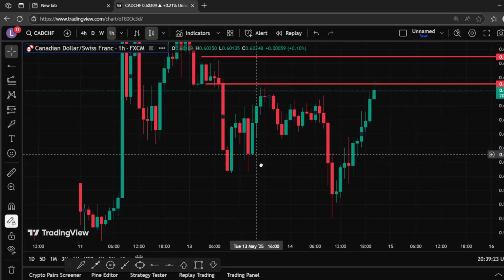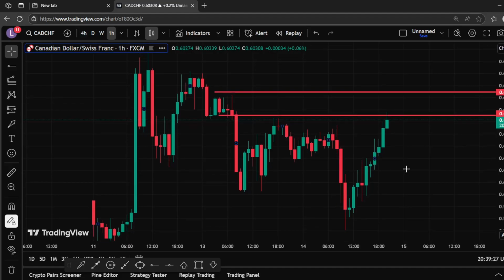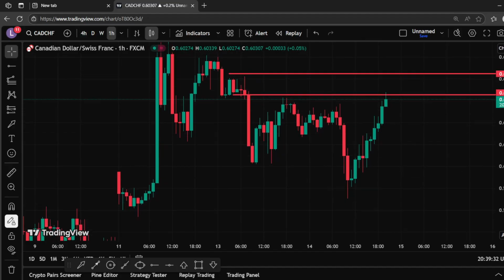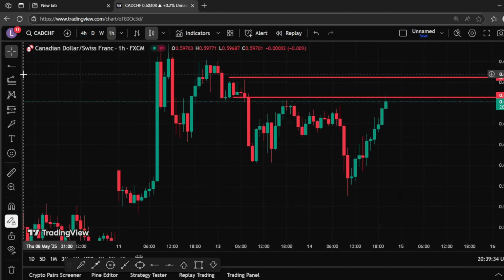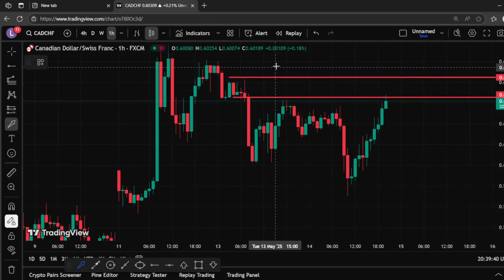So why do I believe that the supply zone is a good zone? So what I do is when I'm taking a supply zone on a lower time frame, I look out for three things. The first thing I look out for is I ask myself, did we drop at least 2 times this level?